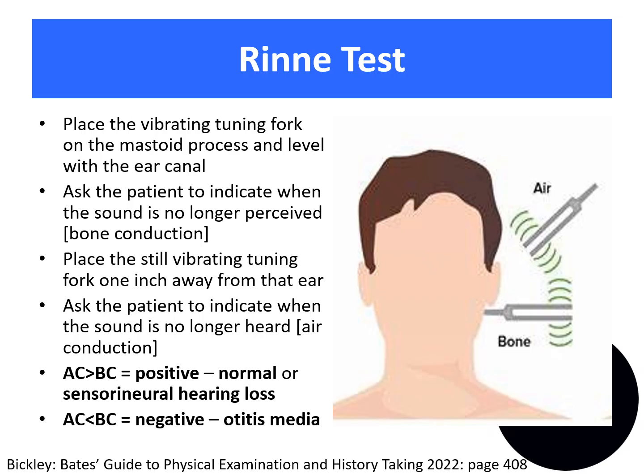If the opposite happens, where air conduction is less than bone conduction, then that's a negative Rinne test, and that is seen in otitis media. So in otitis media, first ping is over the mastoid ear process.